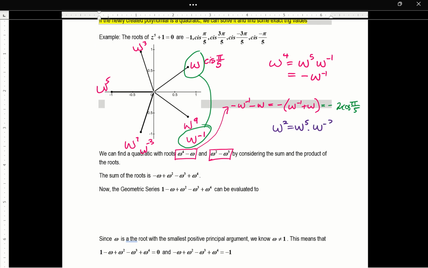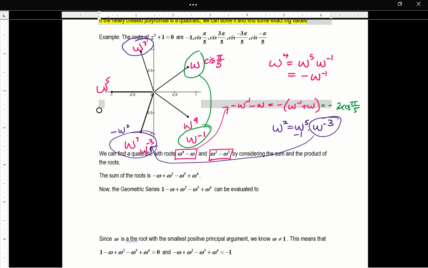And of course W to the minus 3 is just that root over there. So we are relating together the W3 and this one over here, which is the minus of W squared. We're relating them together.